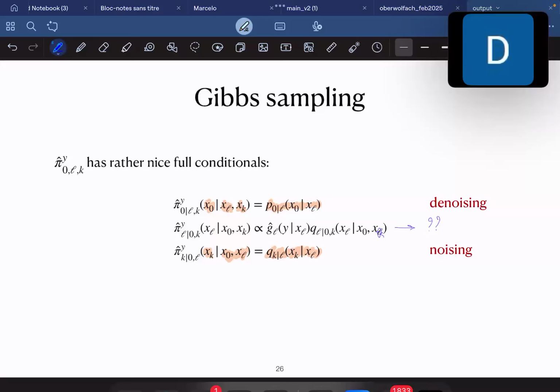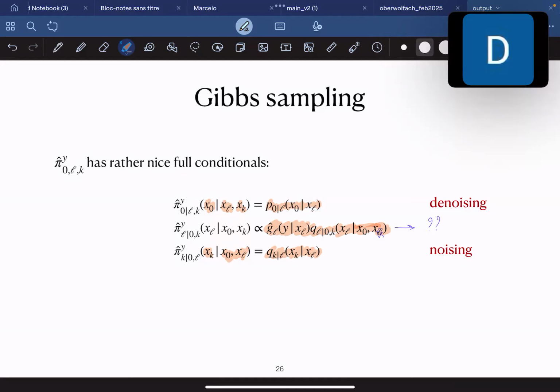The trick is that if you take a variational approximation approach to sample from this conditional, it performs very badly compared to considering the conditional of XL given X0 and XK.